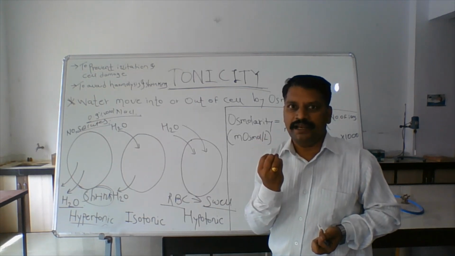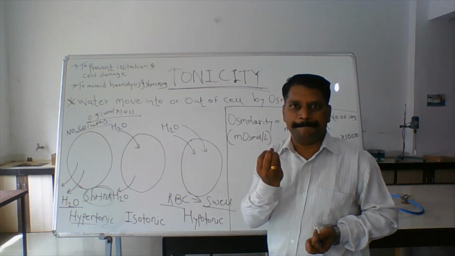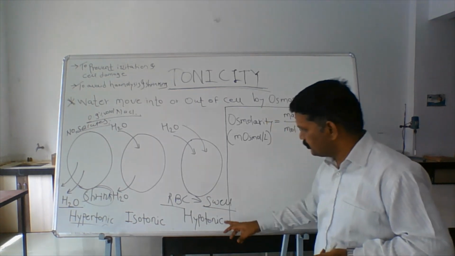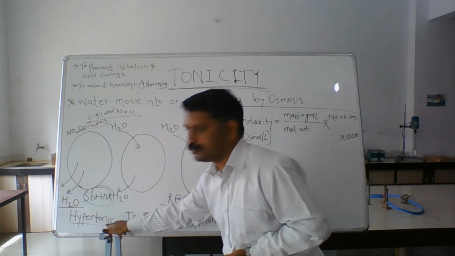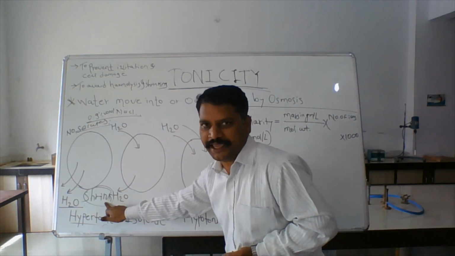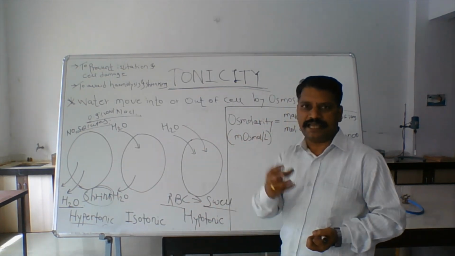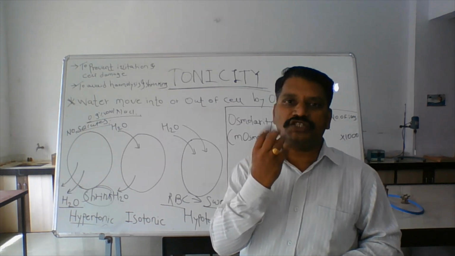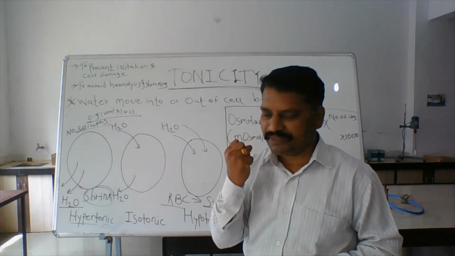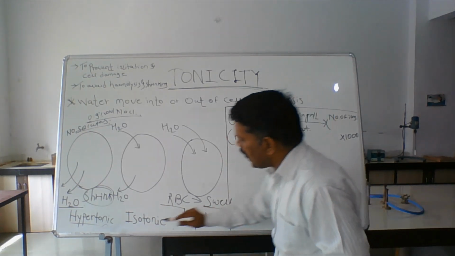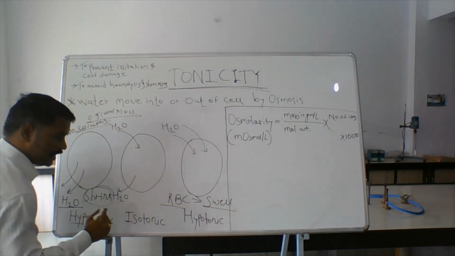So the cell will swell or burst. So hypertonic solution's problem is cell shrinking, and in the case of hypotonic solution the RBC will swell and burst.